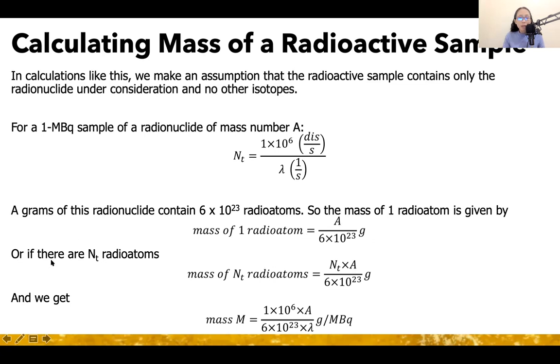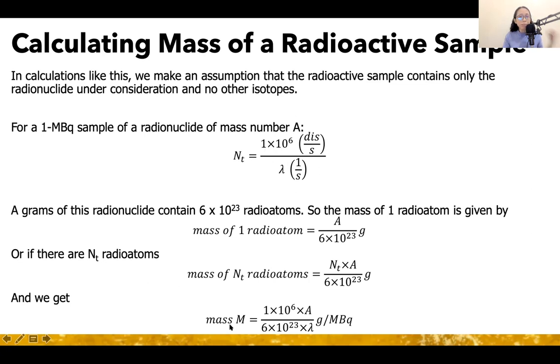Or if we have N sub T, the number of radioatoms in a specific sample, then we simply multiply this mass of one radioatom by the number of radioatoms that we have, which is N sub T. Now substituting this expression for N sub T in place of N sub T in this equation, we replace it with this ratio.